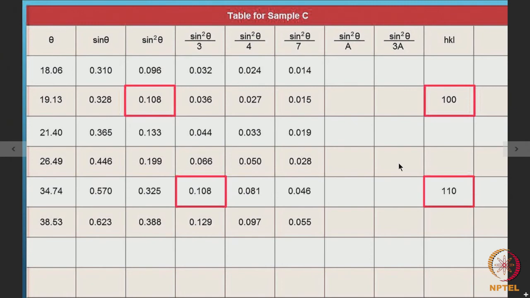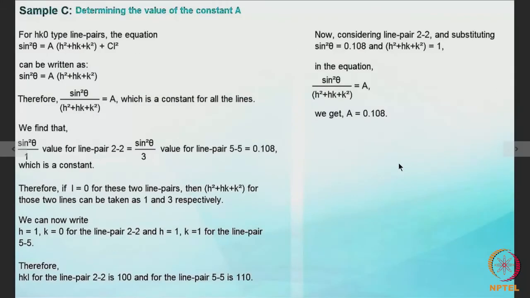Okay? Now, if we go back to the previous diagram, we can see that the hkl for the line pair 2, 2 can be tentatively written as 100, and the hkl value for the line pair 5, 5 can be tentatively written as 110.